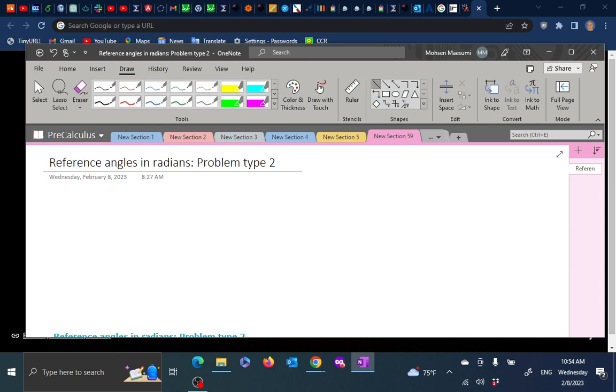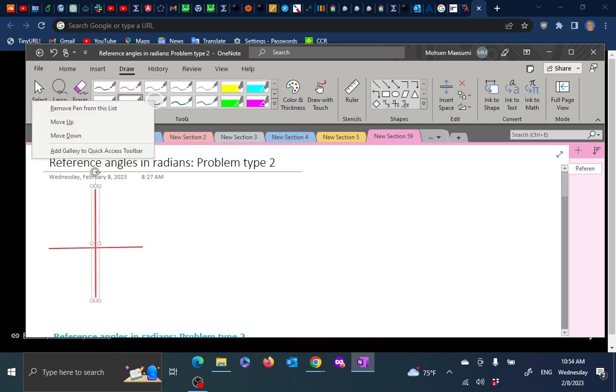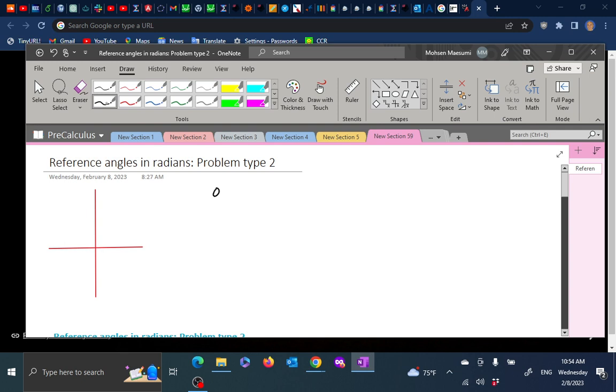Okay, so we said if you have an angle in standard position, here I have my coordinate system and an angle theta given to me. Now theta can be in the first quadrant, and then we are all done. If theta is between 0 and pi over 2, the reference angle is just the angle itself.